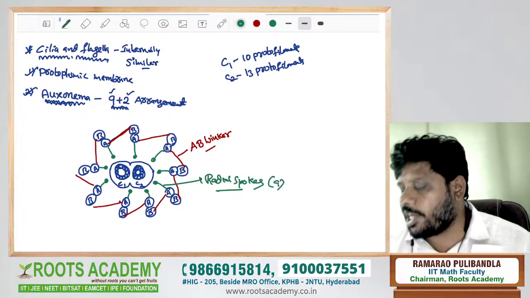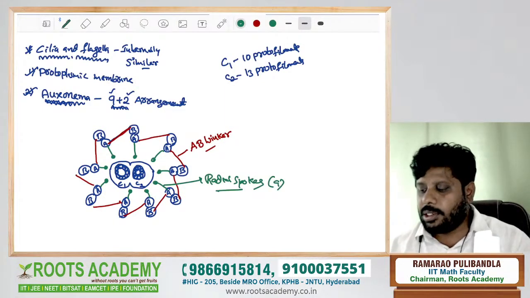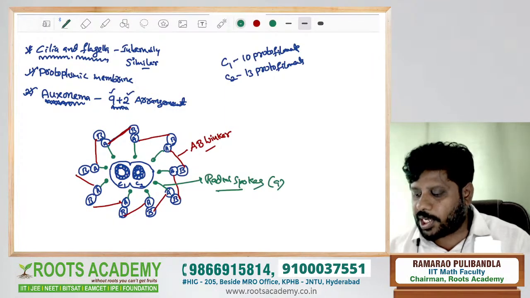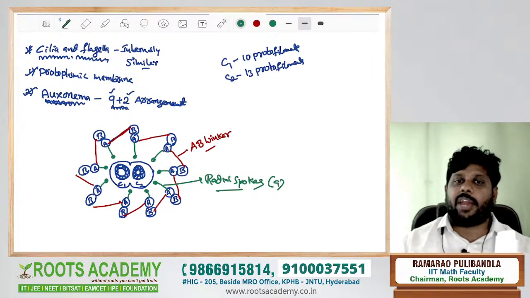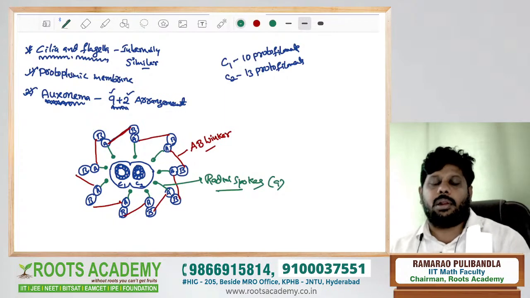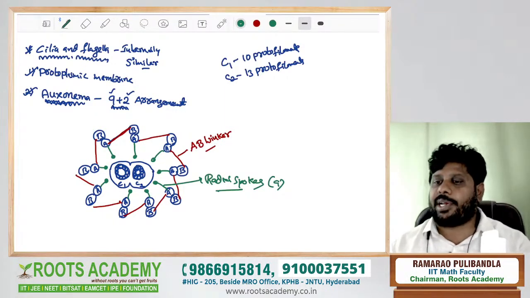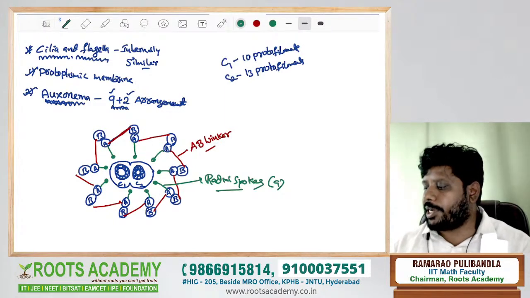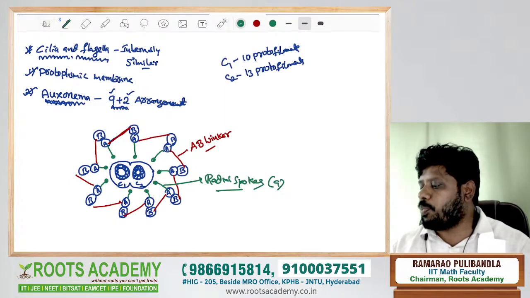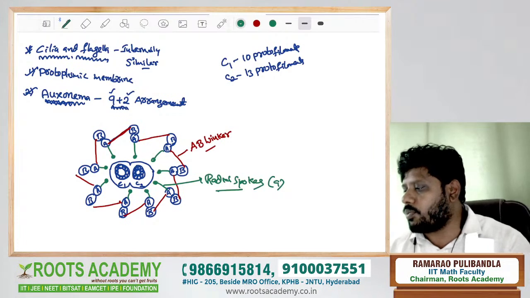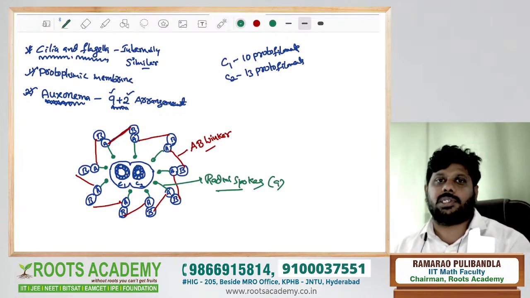How many radial spokes are present? 9: 1, 2, 3, 4, 5, 6, 7, 8, 9. From every A microtubule, a spoke-like structure grows toward the center. It is called what? Radial spokes.